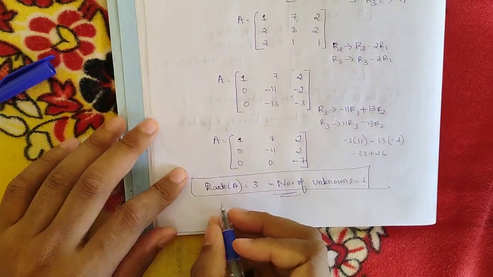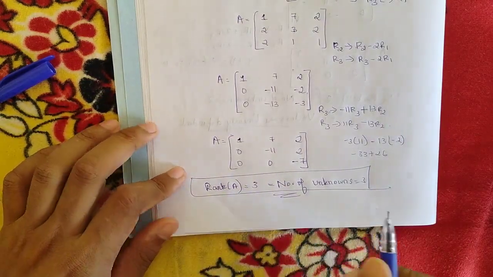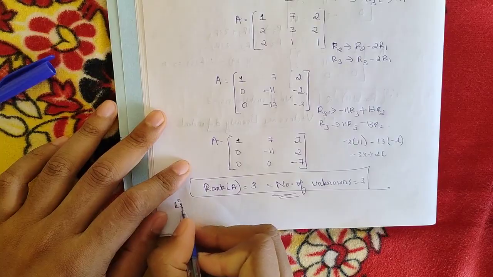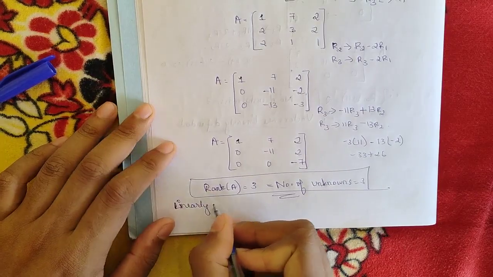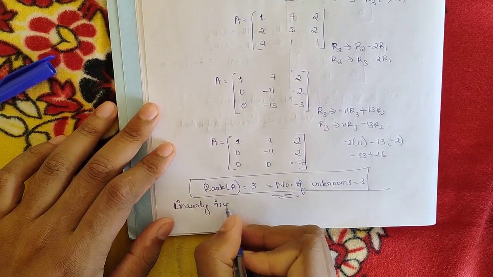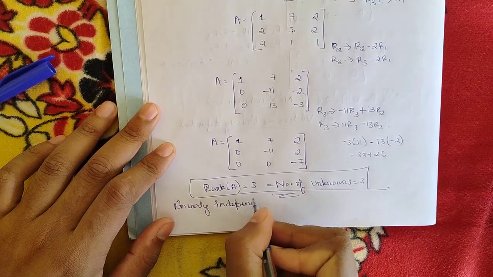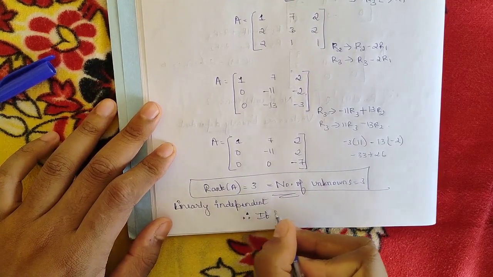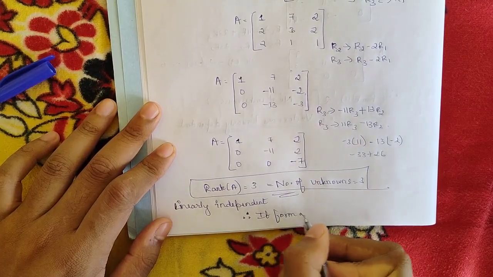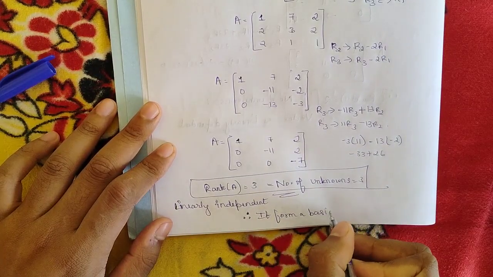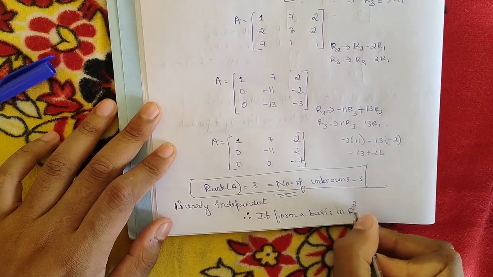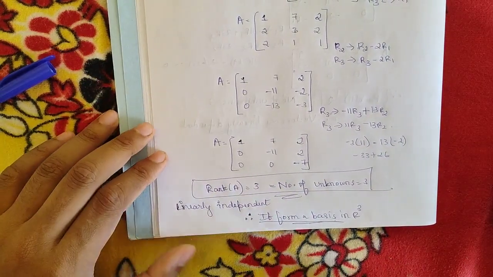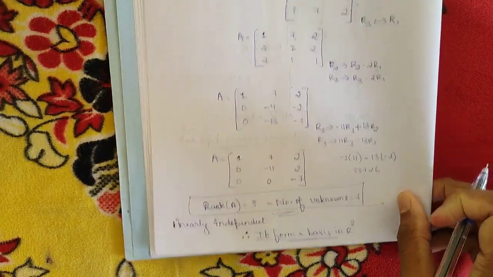So we can directly conclude that they are linearly independent. Since they are linearly independent, therefore it forms a basis in the given order in R cube. So this is the answer.